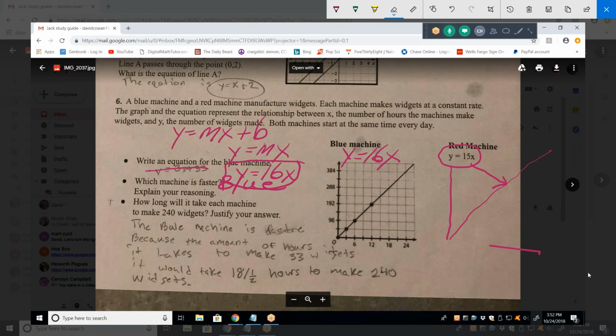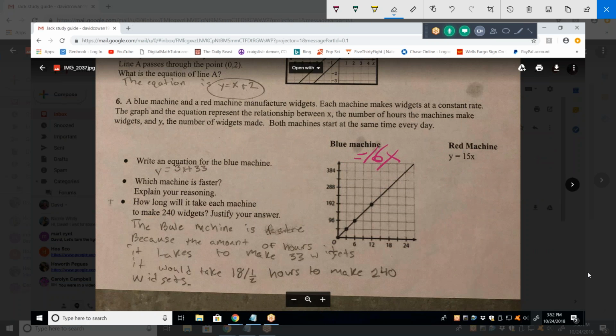Well, I divided. I don't remember. When they say 240 widgets, which axis are they talking about? The horizontal one or the vertical one? The horizontal one. No, the vertical one.